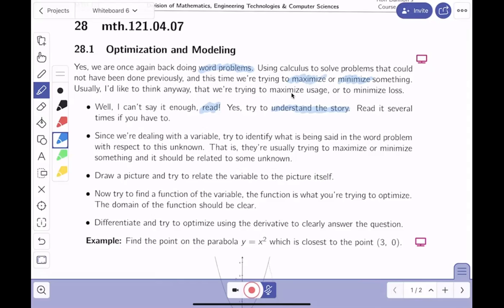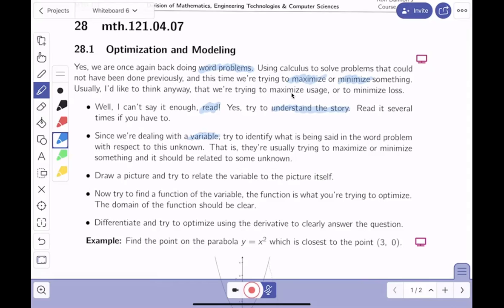These stories would be very short. Here's the deal, though. You may need to read the story more than once. You may need to have someone read the story to you more than once. But these are going to be really simple stories. You got to focus in on their stories. Typically, in these stories, there will be a variable. Try to identify what the variable is in the problem.